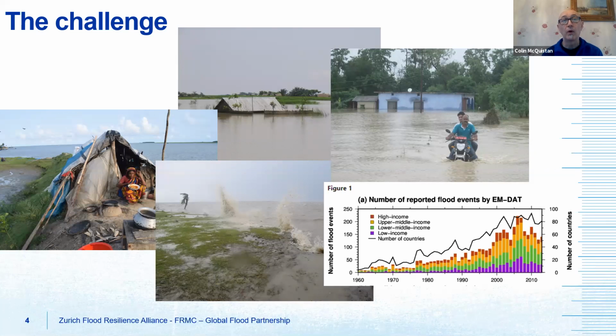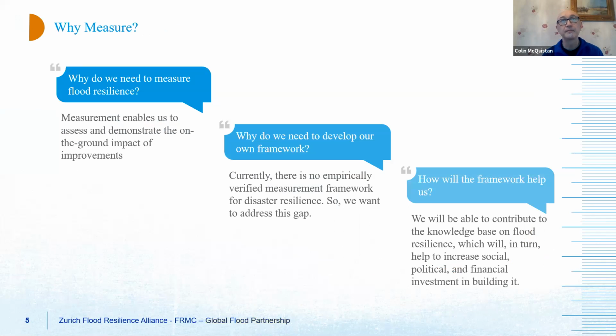And many of the communities that we're working with are demonstrating the point at which they are struggling to progress because of the repetition and the impacts of those flood events. So we've been thinking what it is we need to do to better help those communities be prepared and respond to these changing conditions, and hence our participation in the Zurich Flood Resilience Alliance.